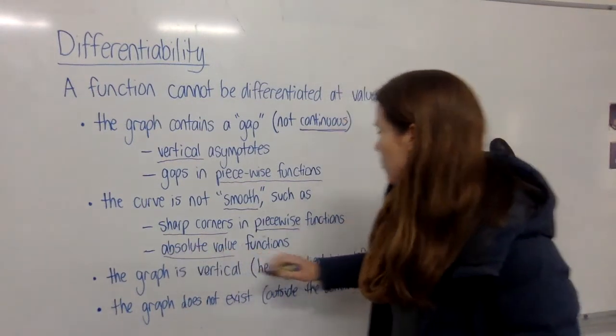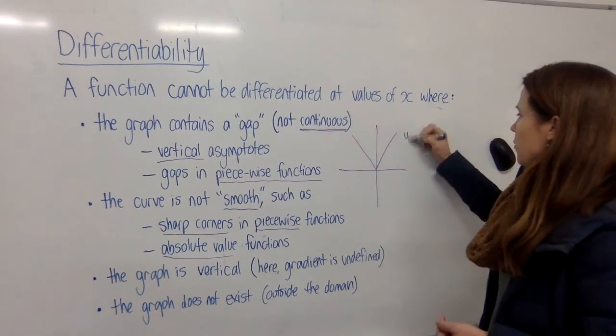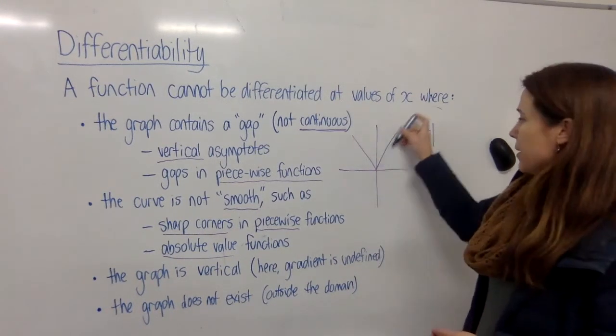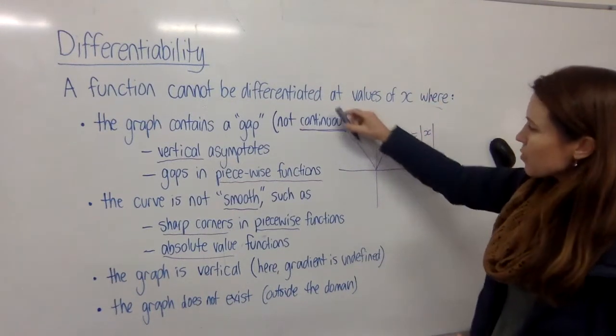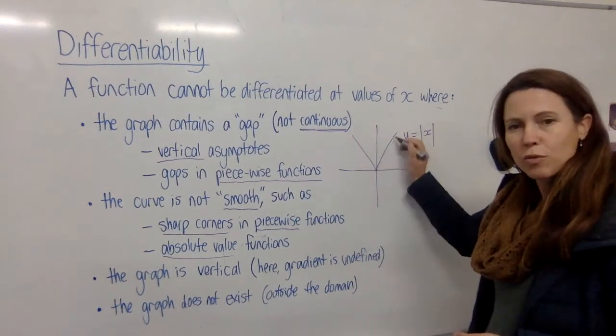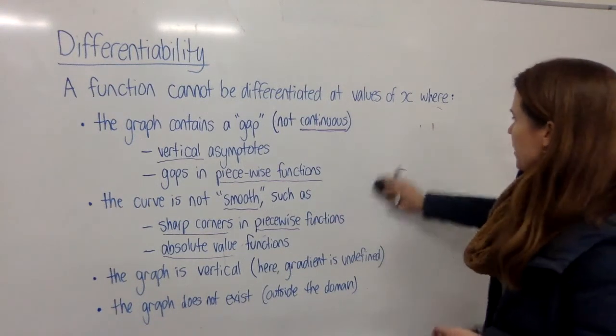Absolute value functions, we've already seen what they look like. If we have a function like this, we know that it has a gradient of 1 over here and a gradient of -1 over here, but we can't differentiate it right on that point because there's not a smooth interplay between the two. So how do we check if there is a smooth interplay?